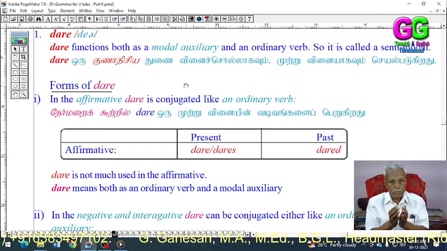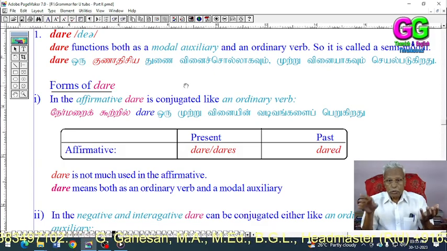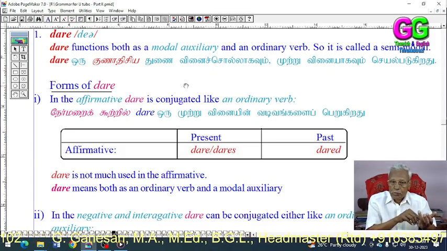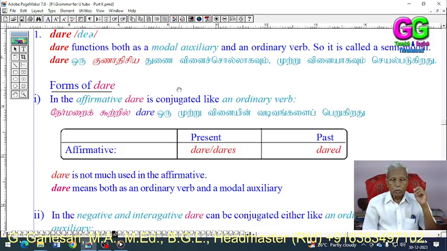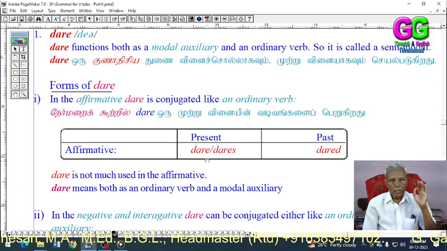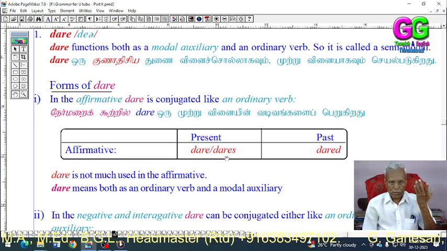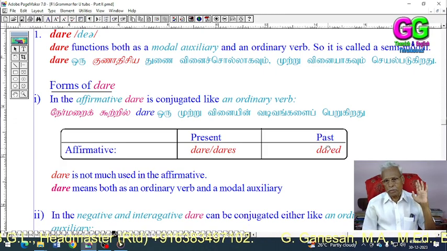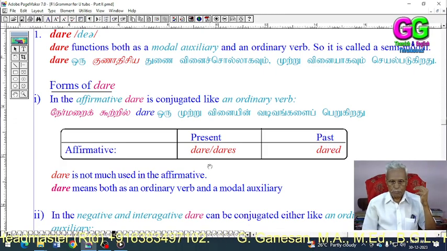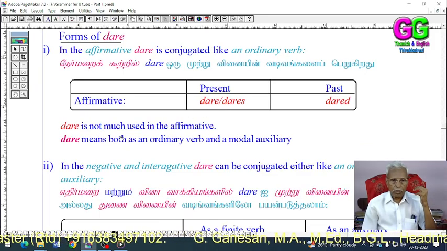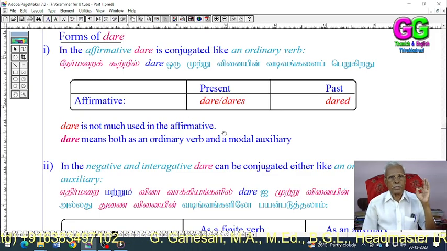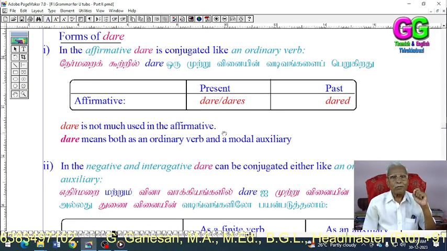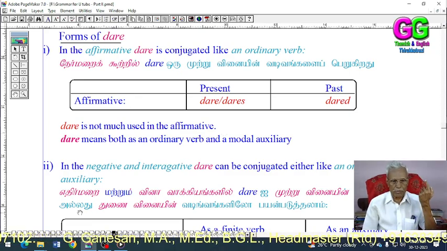Affirmative: third person singular, first person, all the persons. Dear students, dare is not mostly used in affirmatives.